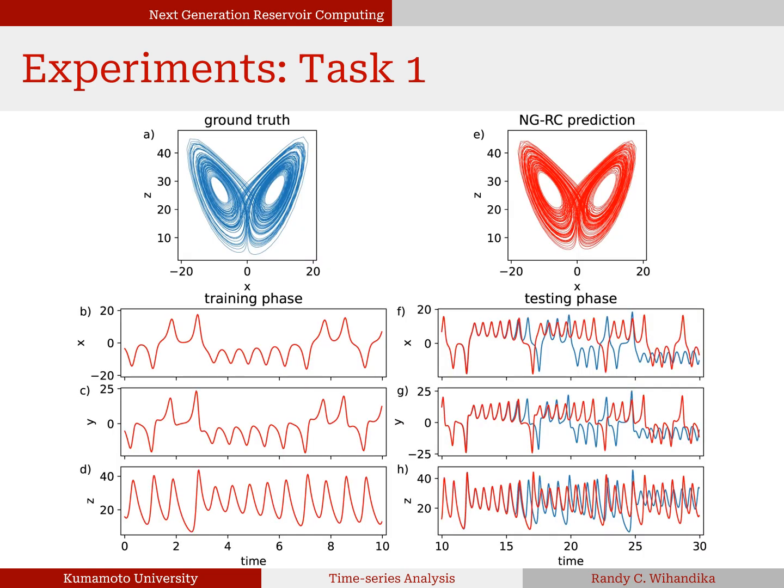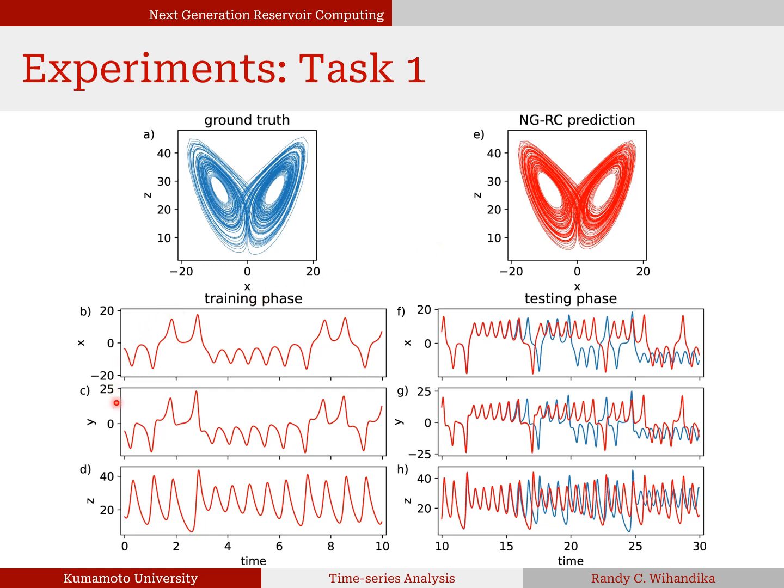And this is the visualization of the first experiment. So this butterfly-like shape is the ground truth data, and the red one right here is the prediction by the NGRC.